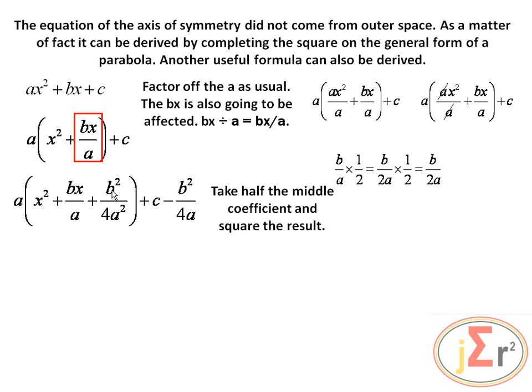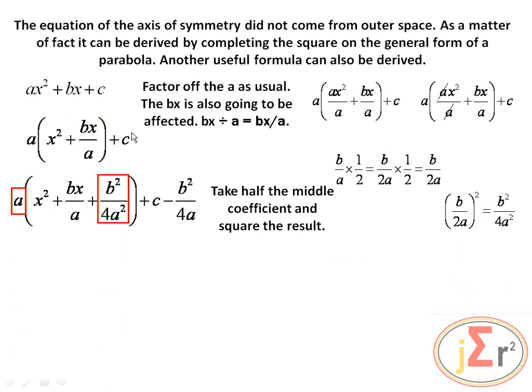So b over 2a all squared, we get b squared, and we square the 2, we get 4, and square a, we get a squared. So b squared over 4a squared. That is what we have right there.